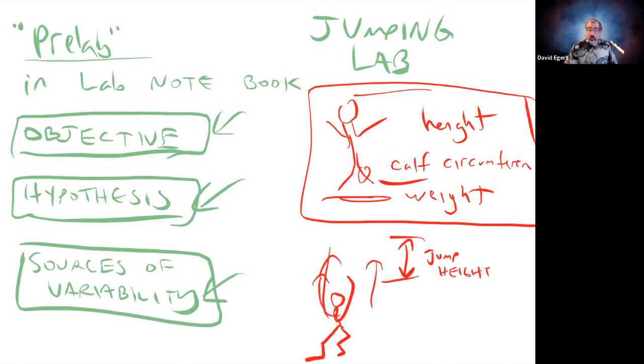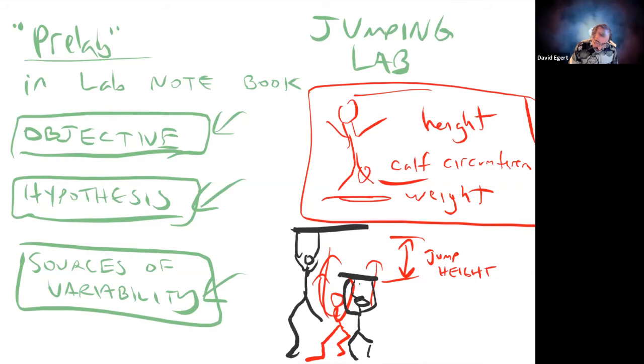And the way that the jump works is it's a relative thing, right? You measure how high they are when they are standing. How high do they get when they are at full extension as they've jumped up? So it doesn't matter if you're really tall and you barely jump off the ground, your jump is going to be very small because it's how high you get above when you're standing.